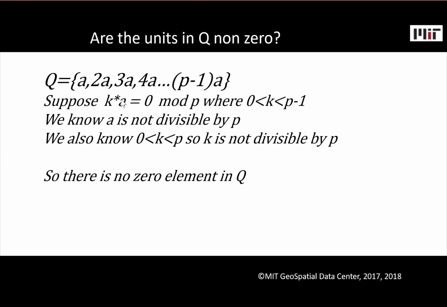Let's suppose now that k times a equals 0, where k lies between 1 and p minus 1. Well, we know that a isn't divisible by p, because it's relatively prime to p. And k lies between 0 and p minus 1, so k also is not divisible by p. So neither k nor a are divisible by p, so ka isn't divisible by p. So there is no zero element here in Q.